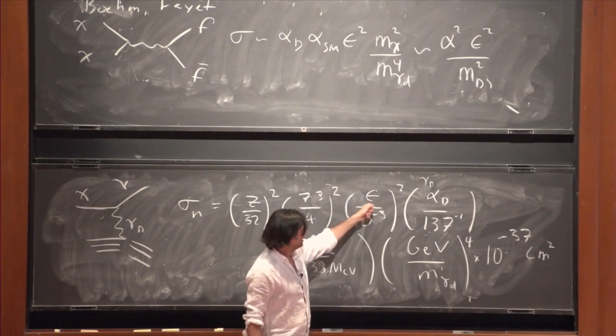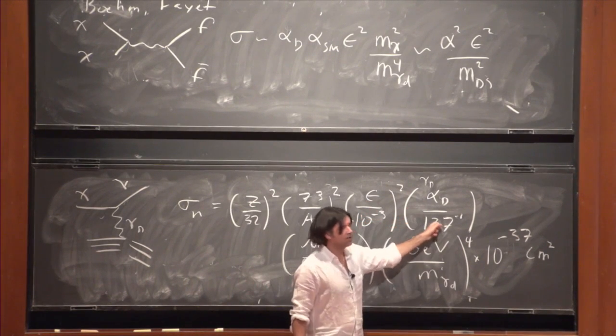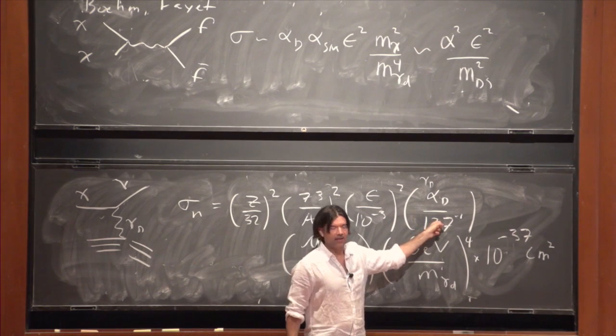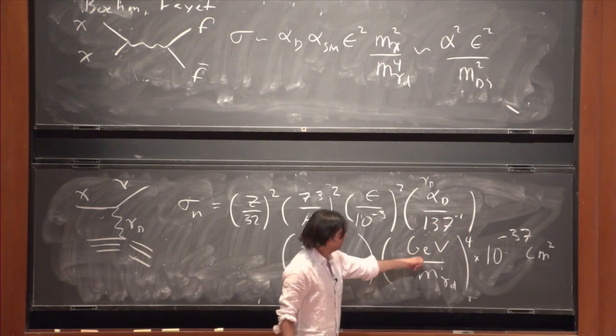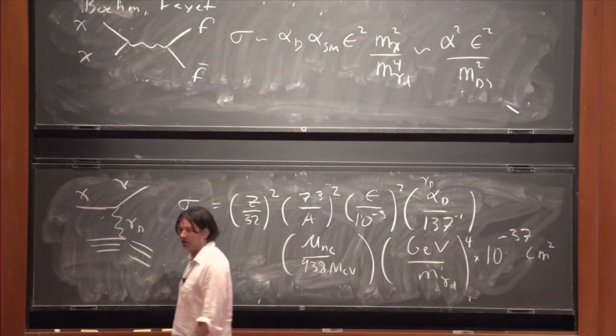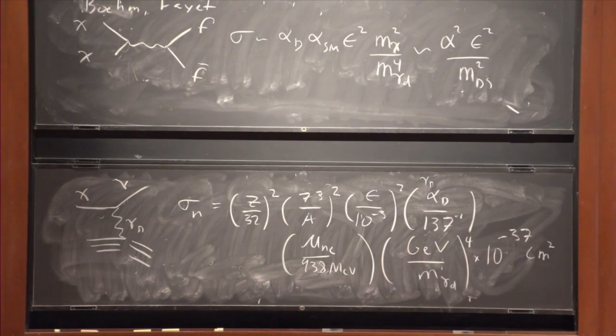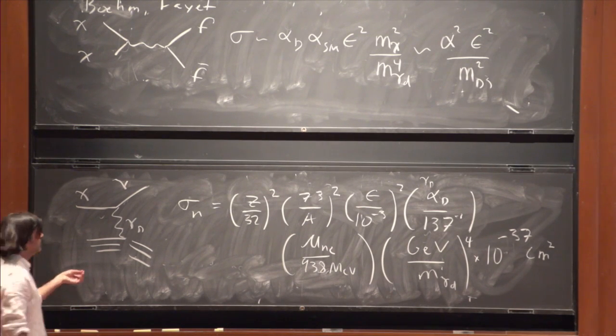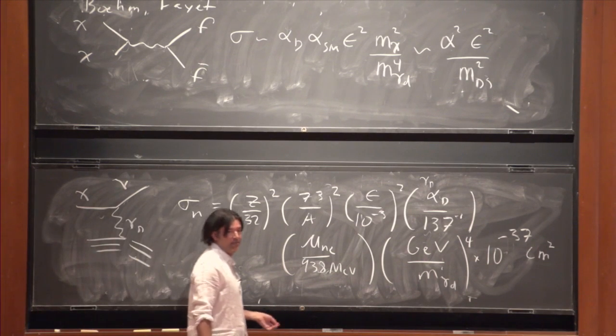With a mixing of 10 to the minus 3, an alpha dark comparable to the electromagnetic fine structure constant, and a dark photon of a GeV, you get a direct detection cross-section of 10 to the minus 37 centimeters squared. The Z, remember, gives you 10 to the minus 39 centimeters squared. So this is a huge cross-section. Current limits are down to 10 to the minus 45 and better centimeters squared.